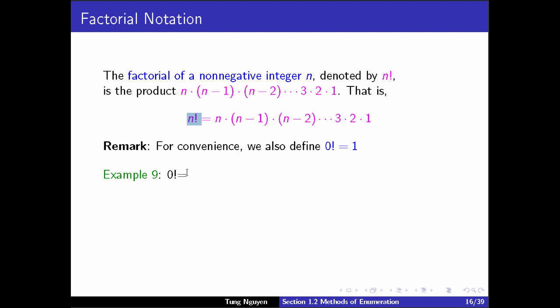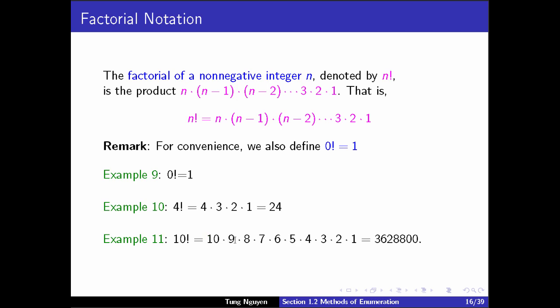Again, let's go through a few examples. 0 factorial, we know is 1. 4 factorial is the product of 4, 3, 2, and 1, which is 24. 10 factorial is the product of 10, 9, 8, 7, 6, 5, 4, 3, 2, and 1, which is 3,628,800.